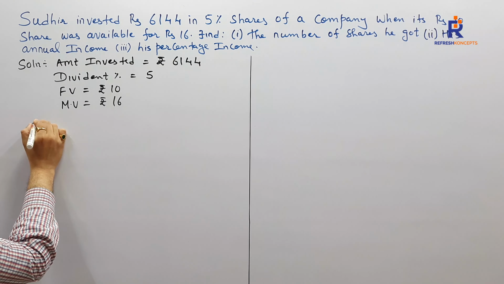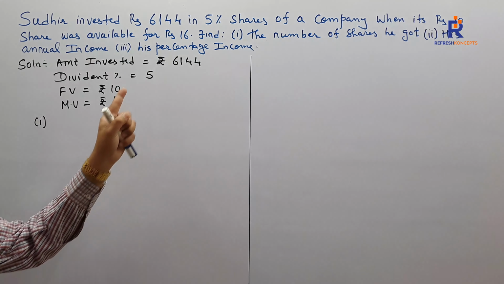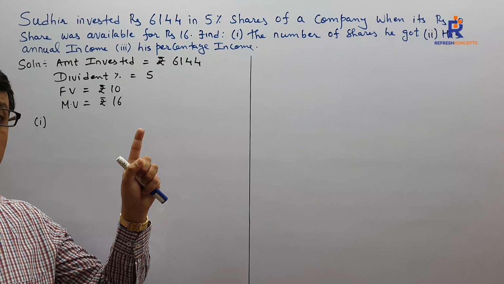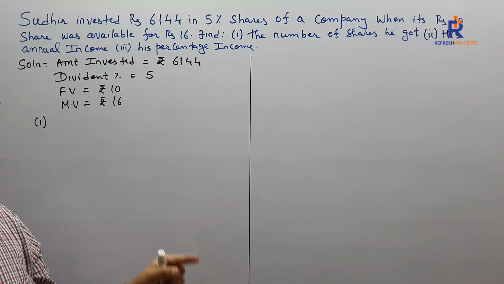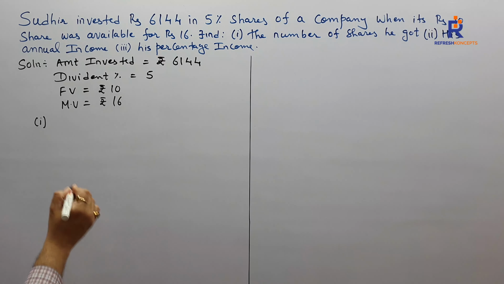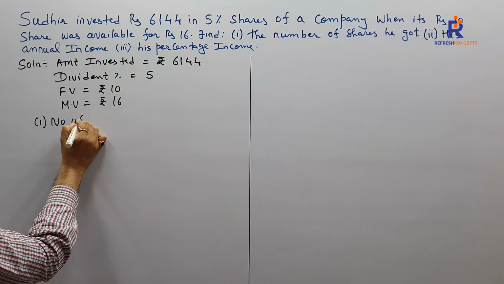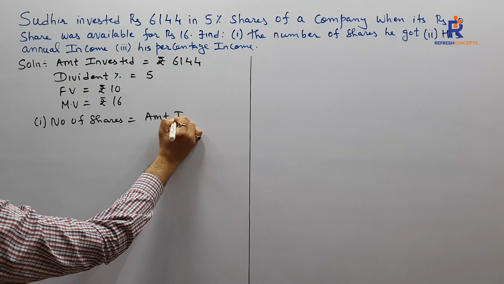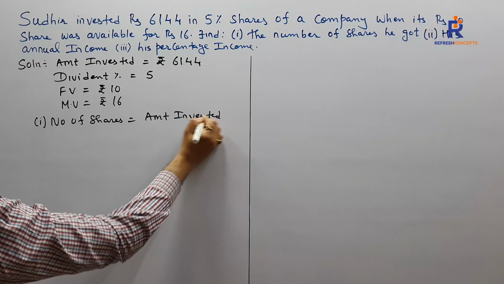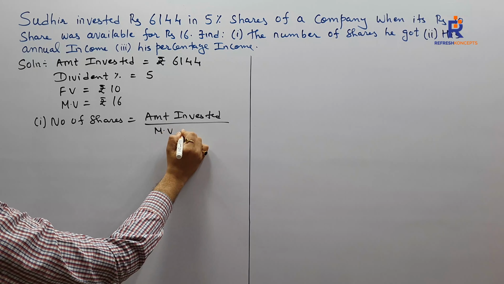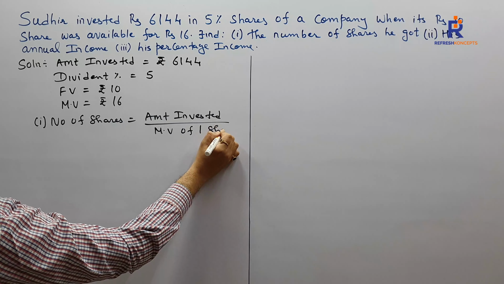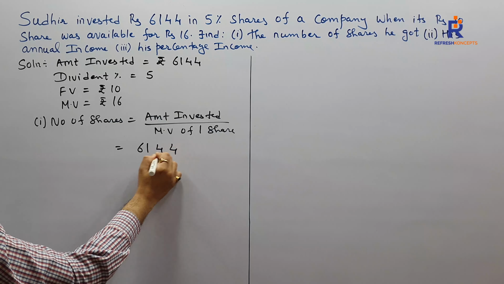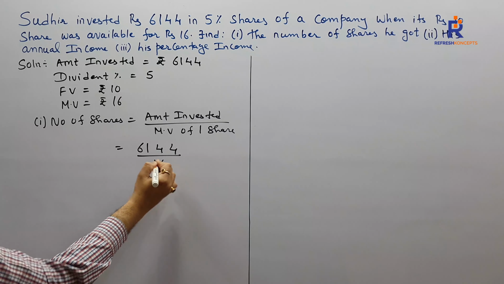So now the first one: the number of shares. Which formula is going to get applied? Number of shares is equal to amount invested upon market value of one share. Will that formula work out? What is the amount invested? 6144. What is the market value of one share? 16.